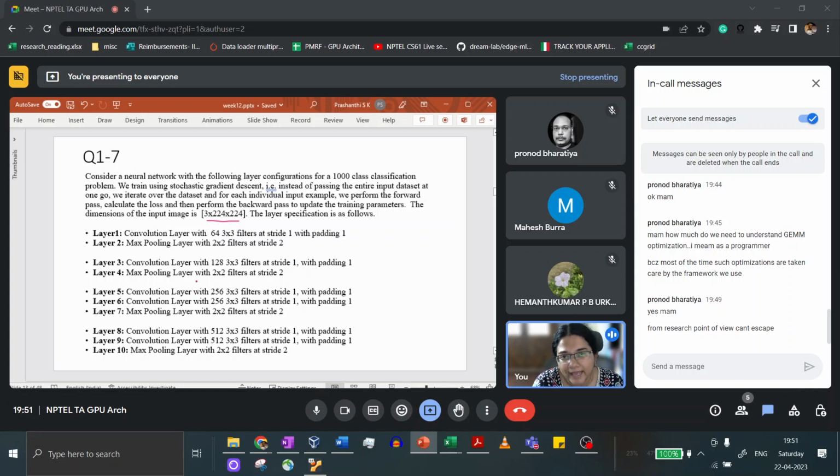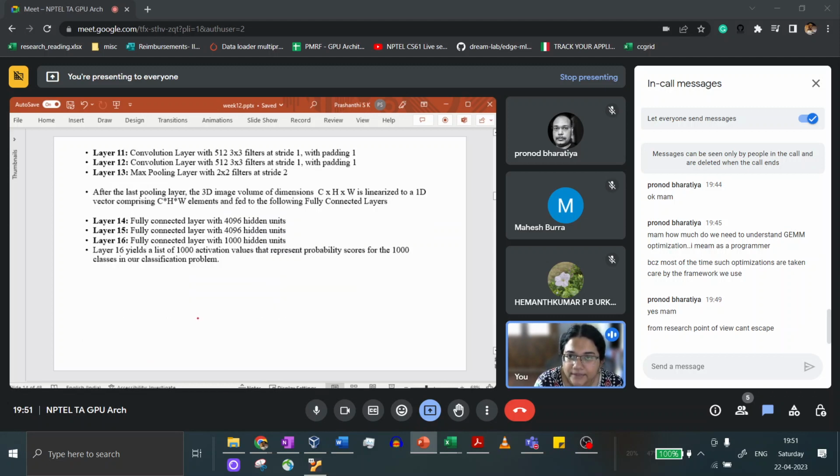Layer 4, max pooling layer 2 cross 2 filters at stride 2. 5, again convolution 256 3 cross 3 filters at stride 1, padding 1. 6, convolutional layer with 256 3 cross 3 filters at stride 1 with padding 1. Layer 7, max pooling layer with 2 cross 2 filters at stride 2. 8 is again convolution, 9 is convolution, 10 is max pooling. 11 is convolution, 12 is convolution, 13 is max pooling.